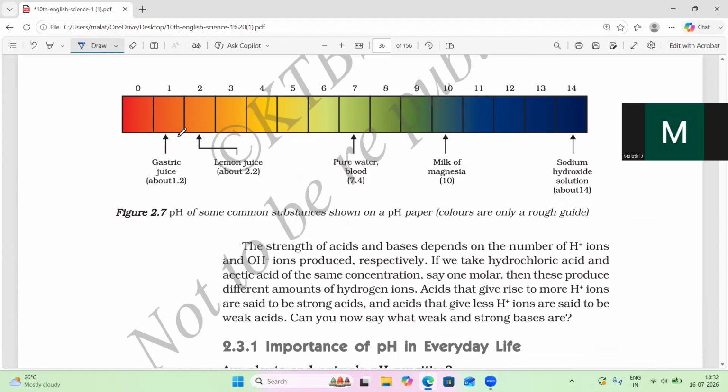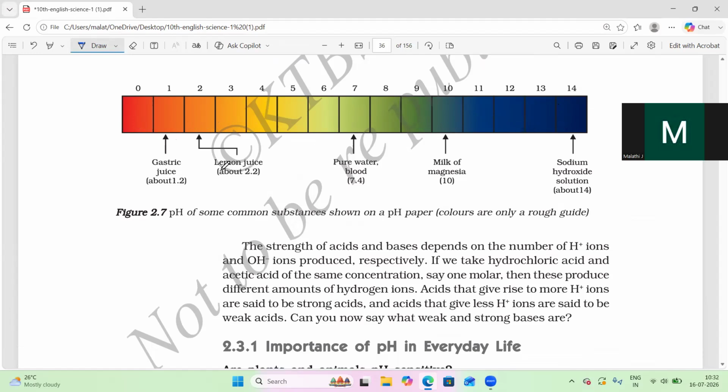When one of our family members suffers from acidity, the pH value in their stomach will have decreased. When the OH minus ion concentration decreases, we can see how the color of the pH changes.